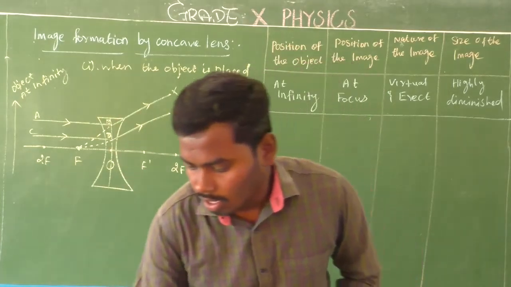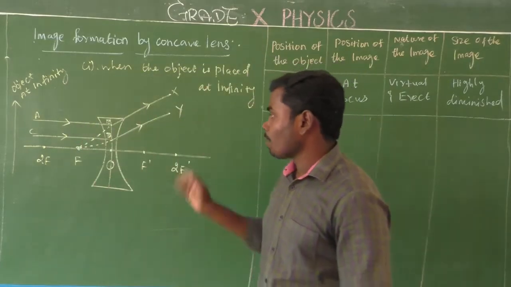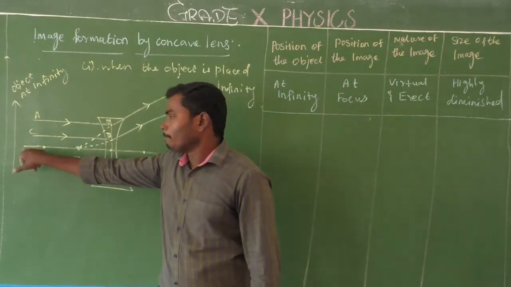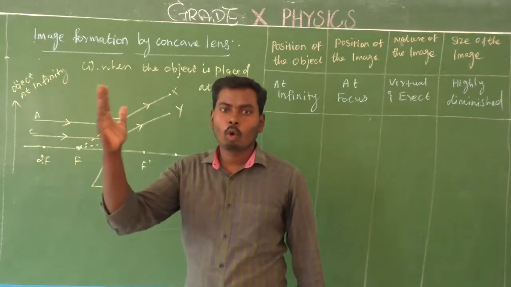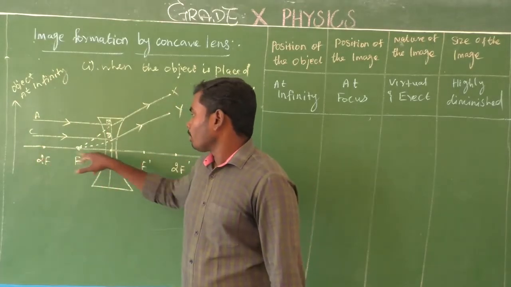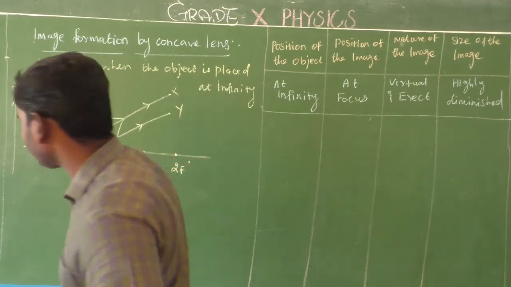Next one, I am going to place the object beyond the 2F. Step by step, I am going to place the object towards the lens. Is it clear? Yes. Very simple. Look here.